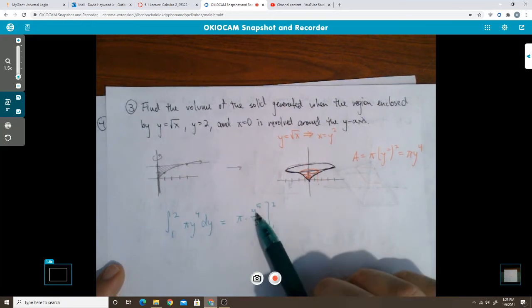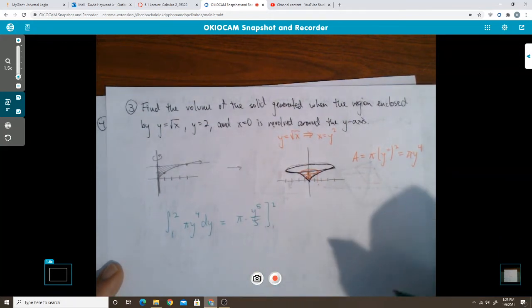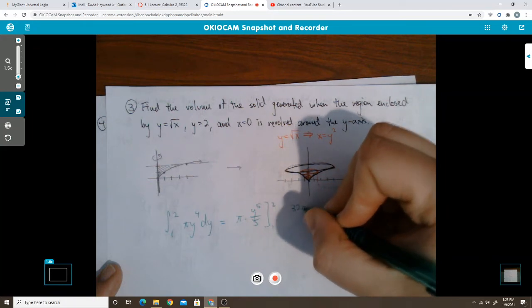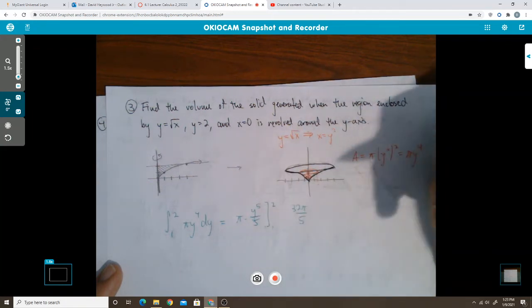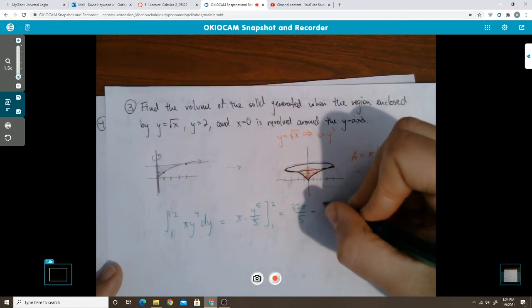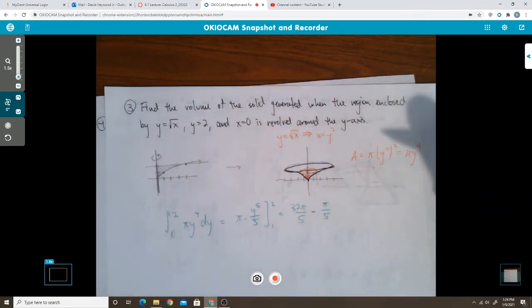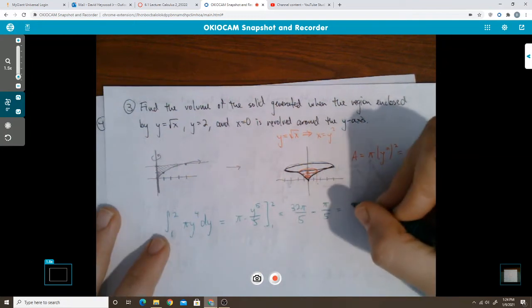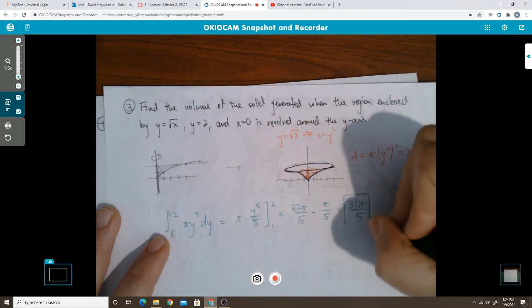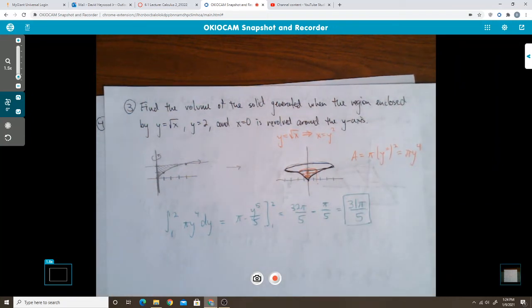If we plug in 2, 2 to the 5th power is 32, so we get 32 pi over 5. And then if we plug in 1, we just get 1/5, so we get minus pi over 5. So that seems like we're going to get 31 pi over 5 as our final area there.